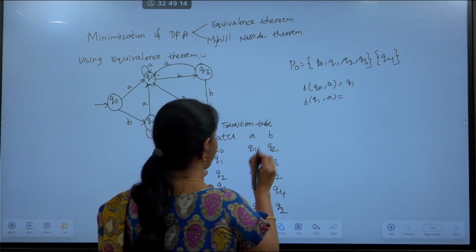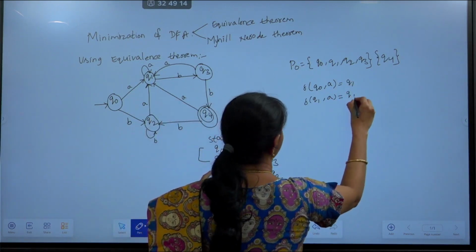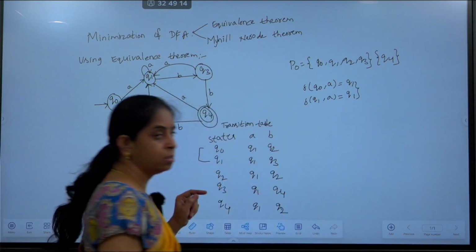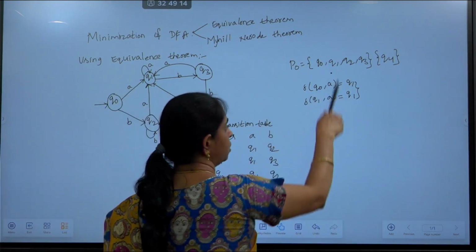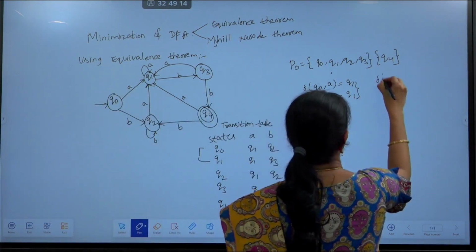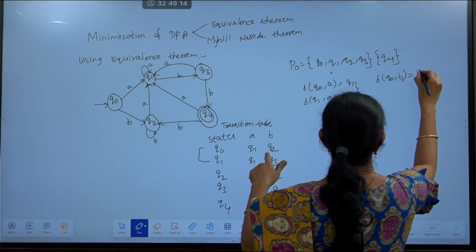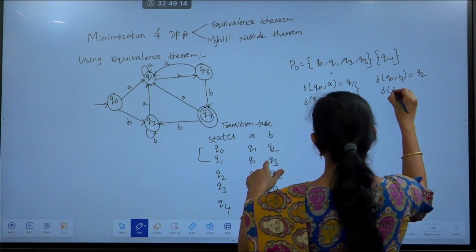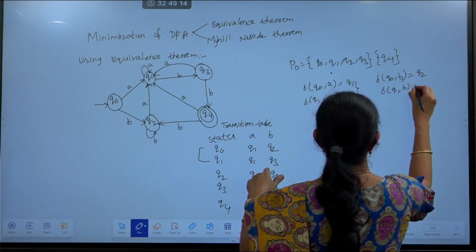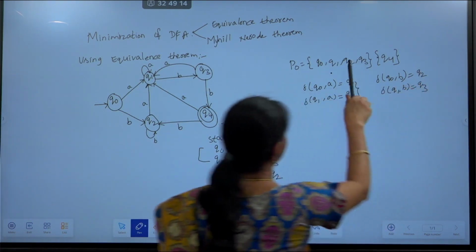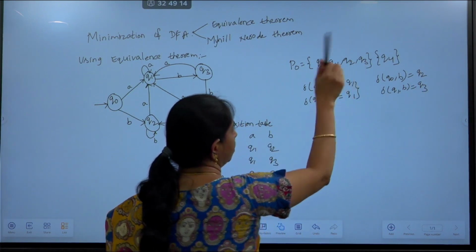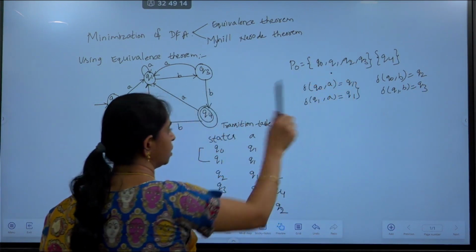Q1 on input alphabet A, the next state is Q1 itself. Both are in the same state, that is Q1. Again check for B also. Delta of Q0 comma B is Q2. Delta of Q1 comma B is Q3. Again check it, Q2 and Q3 both are in the same set, right? So Q0, Q1 are in the same state.